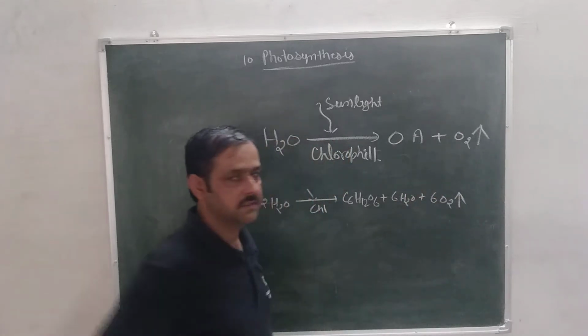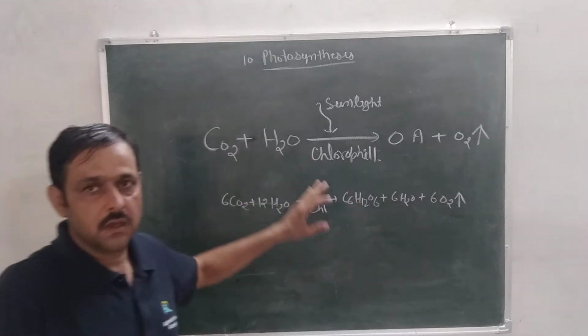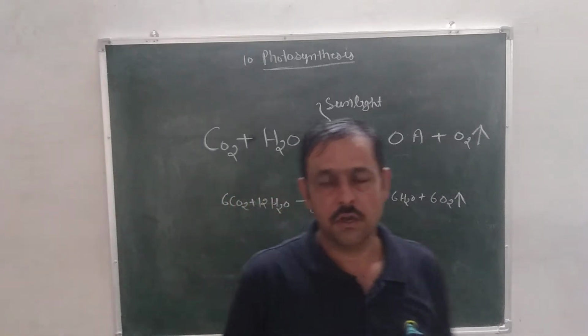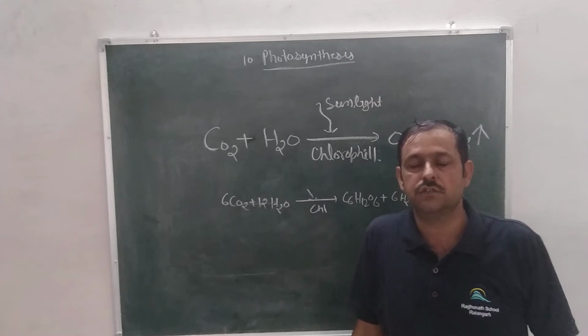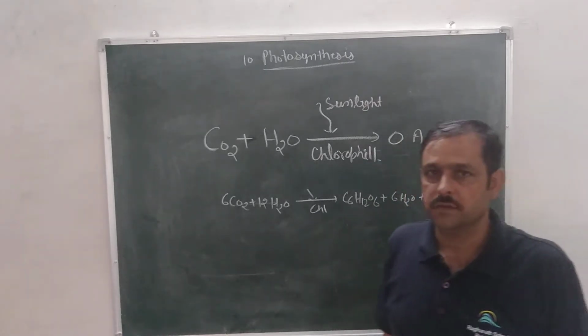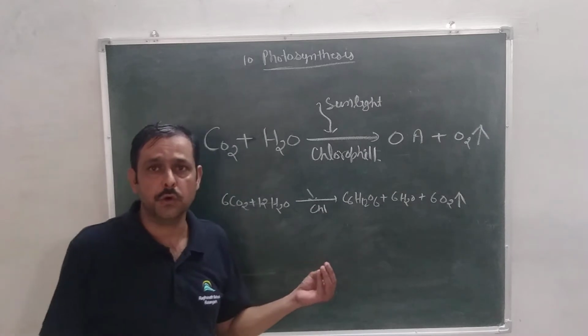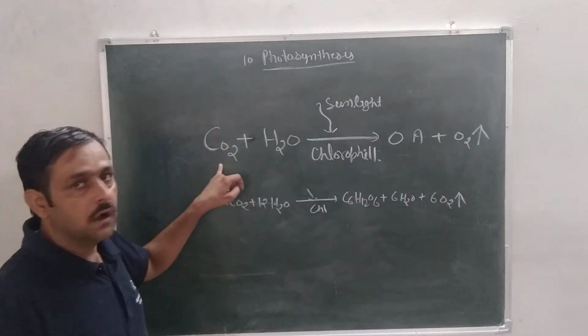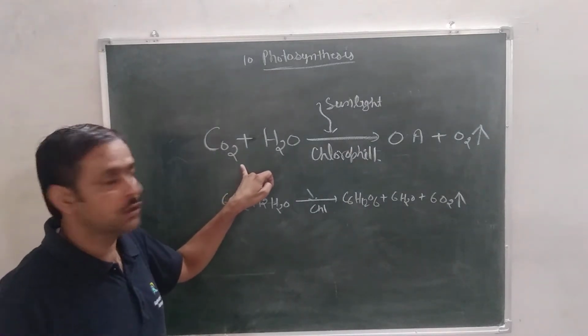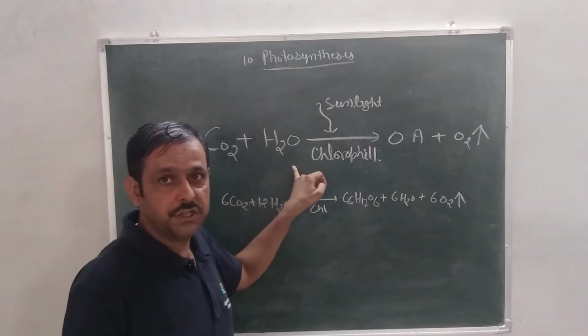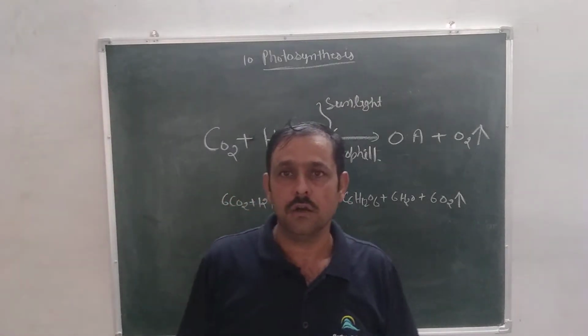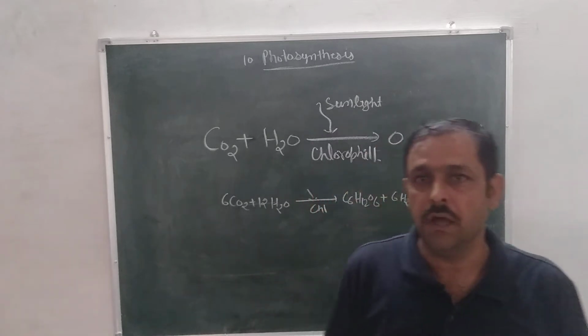Now, what is the definition? According to Robenwich, the scientist who gave the definition in his own words, in photosynthesis there is reduction of CO2 and oxidation of H2O, or chemical breakdown of H2O.